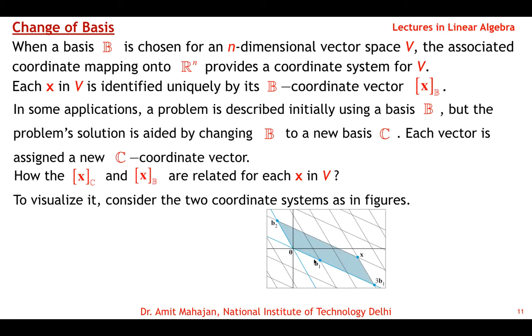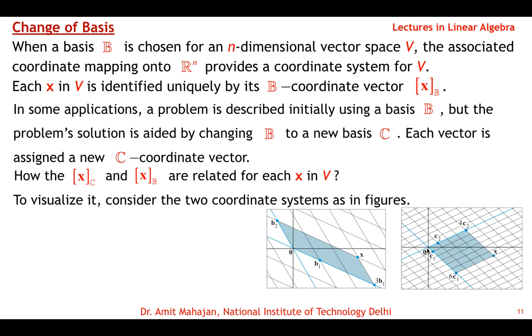Say there is a basis b1, b2, and a vector x in this space, and x is written as 3b1 plus b2. Similarly, there is a basis c1, c2, and the same vector x is written as 6c1 plus 4c2.